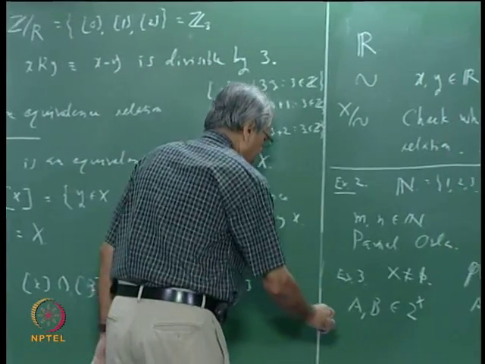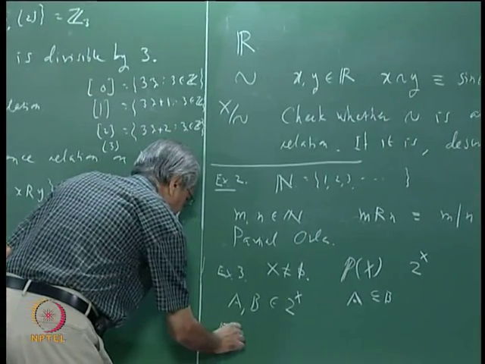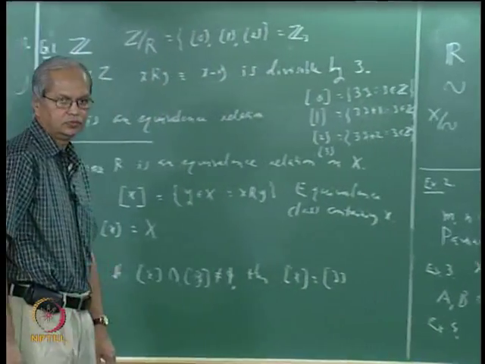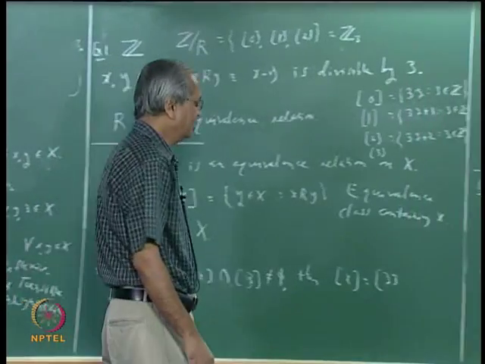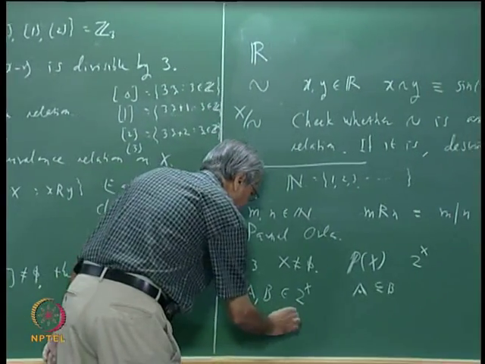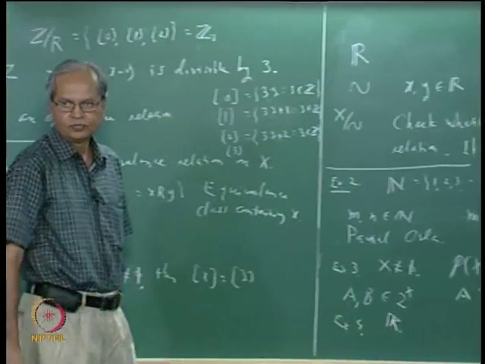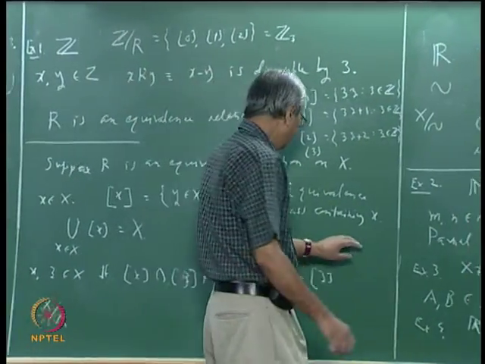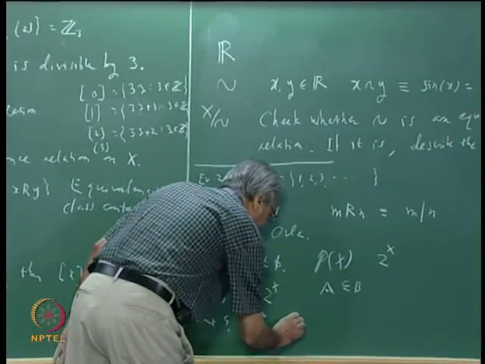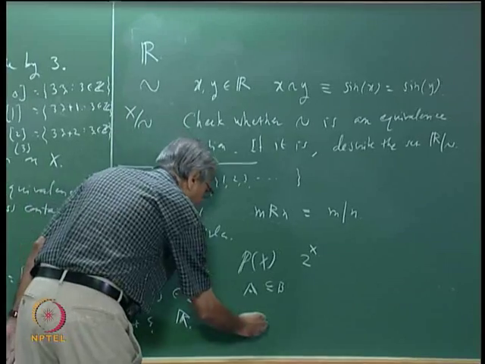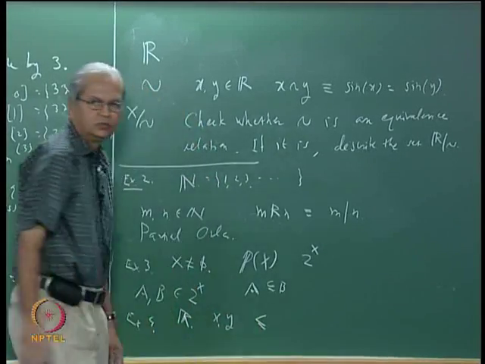I will take one more example, example 4. This time I will take the set as the set of all real numbers R. Suppose you take two real numbers x and y. I will take the usual less than or equal to order.